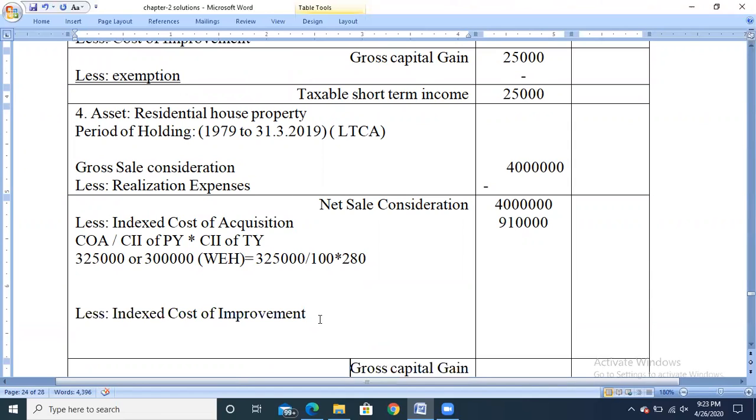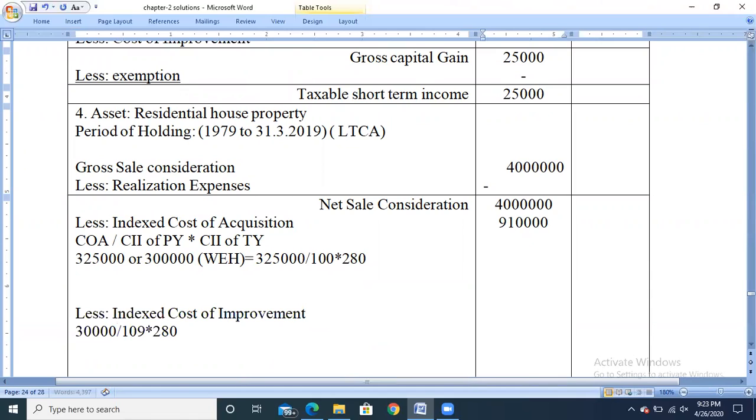Cost of improvement is 30,000 divided by 109 into 280. Index cost of improvement will be 77,064.